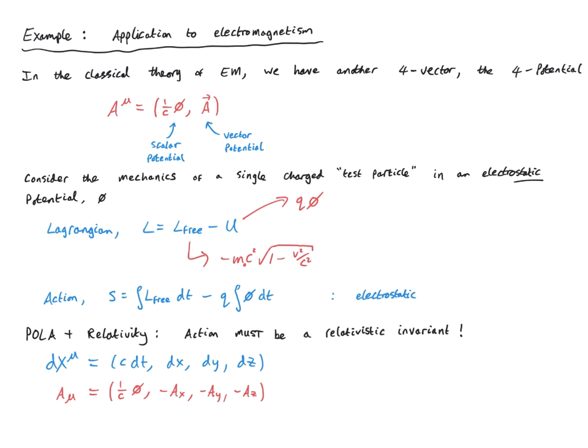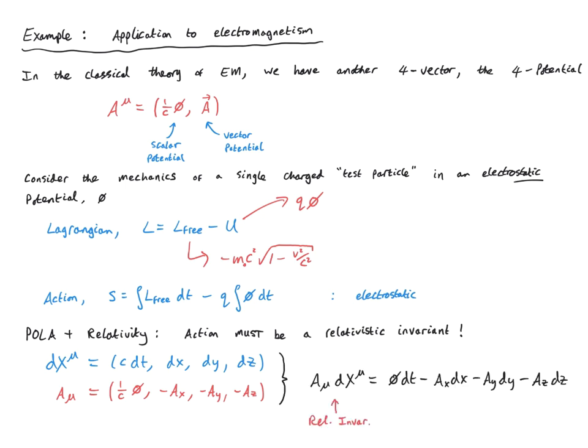Now I'm going to write down the covariant 4 potential, A_mu, and that has components which I can deduce from the contravariant 4 vector over here: 1 over c times phi in the time-like component, and then minus the x, y, and z components of the 3 vector potential, minus Ax, minus Ay, minus Az.